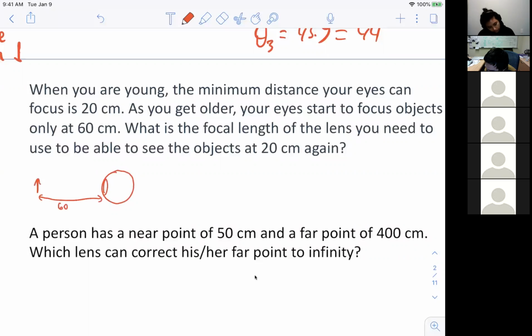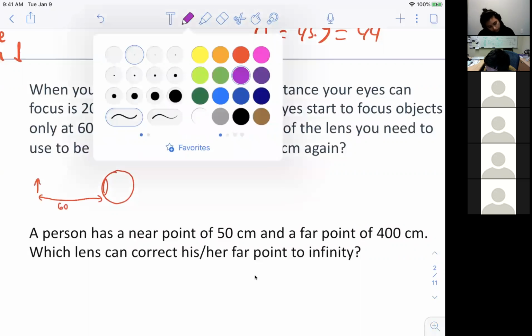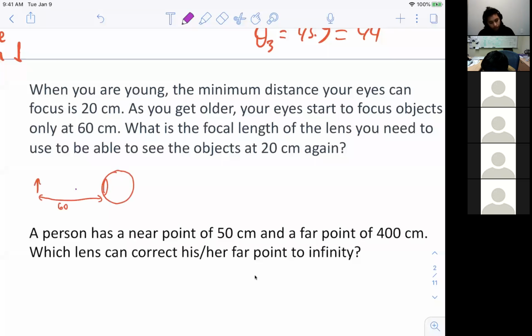But the question says, if you put an object at 20 centimeters, how can you see it? That means you need to increase the focal power of your lens or eye. You will use a converging lens.